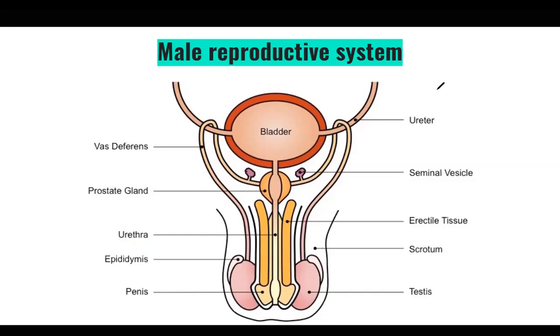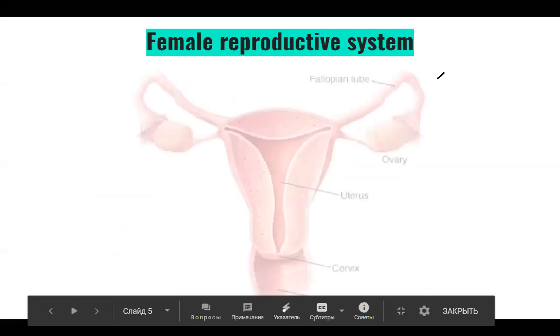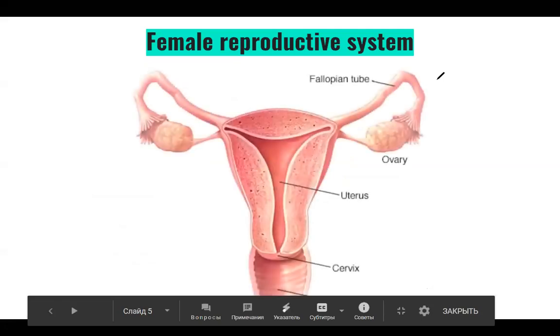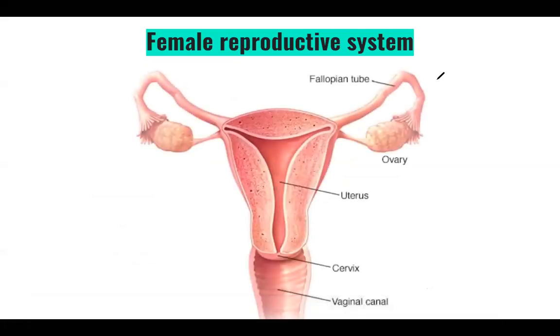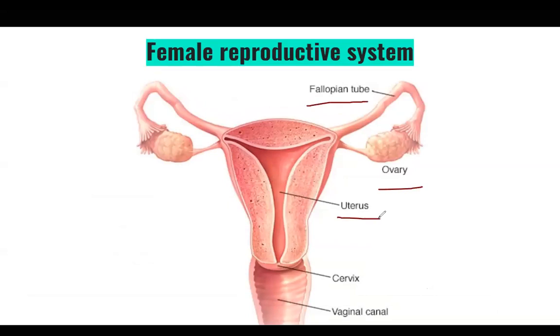The next part is the female reproductive system. The female reproductive system contains only 5 main structures. There are 2 ovaries, which produce egg cells.